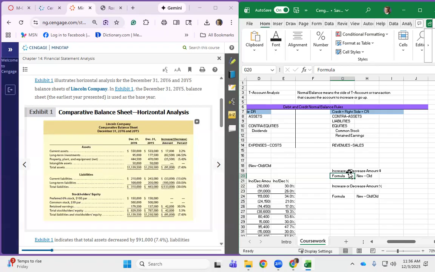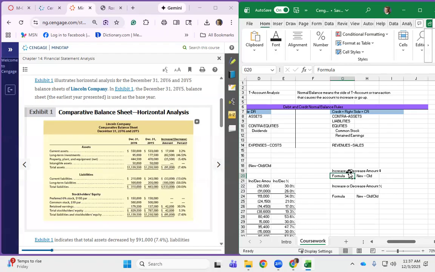And then the final piece on the right in this analysis is a percentage. This is what they call a percentage change. How much did current assets change? Yes, we know they went up $17,000. Well, that was a 3.2% increase.